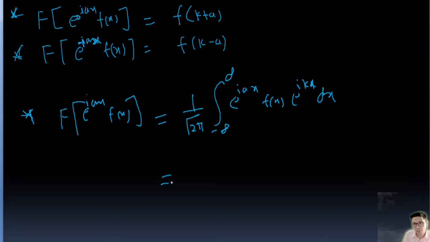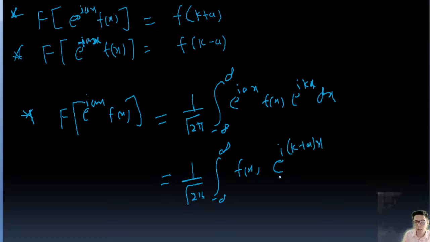Or we can write 1 upon root 2 pi, integral from minus infinity to plus infinity of f(x), and since these are equal bases, the powers will be added, so e to the power iota (k plus a)x dx.